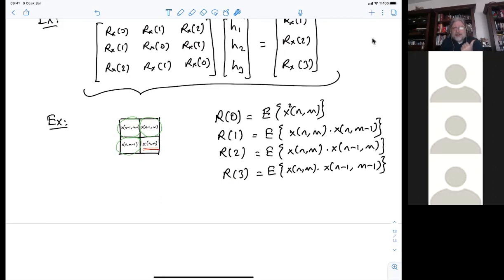Your left neighbor pixel value is multiplied by H1. And then your top neighbor relation coefficient value, H2, will be related to R2. And here it is H3 that multiplies your diagonal neighbor.